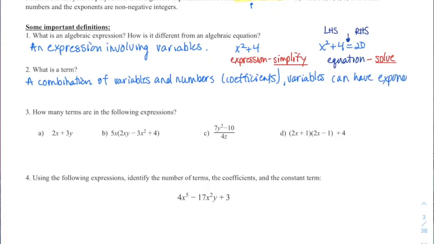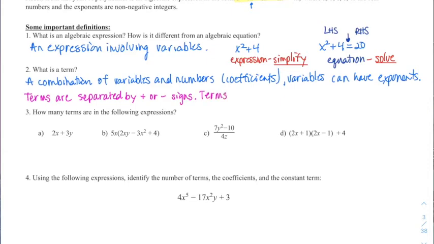Okay, now here's the big deal about terms. Terms are separated by plus and minus signs.